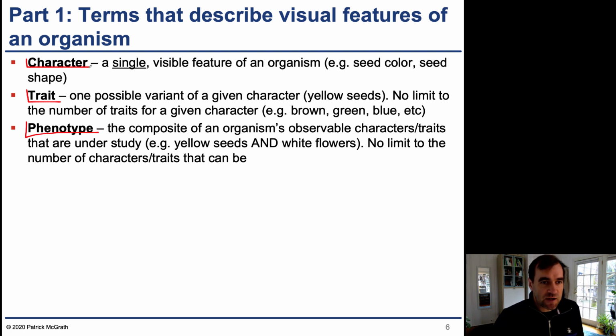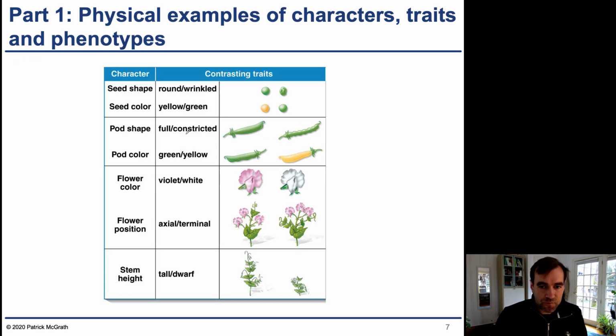So character is a single visible feature of an organism. A trait is one possible variant of a given character, and a phenotype is the composite of an organism's observable characters and traits that are under study. So let's describe this. Mendel was interested in studying pea plants, and there was a bunch of different characters that he was interested in looking at.